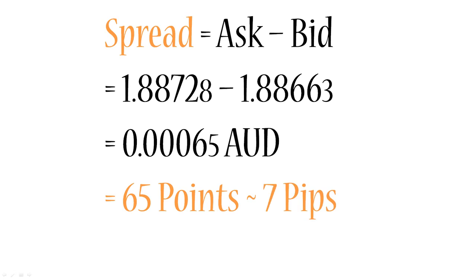You can say 6.5 pips, you can say 7 pips, doesn't really matter. It's approximately 7 pips because a pip is still 0.0001, just as it was in the 4-digit system. It's not going to change because we changed the system that we're quoting the currency in. A pip is fixed, the pipette is fixed. So this spread is approximately 7 pips, and you can also say that this spread is 65 pipettes.